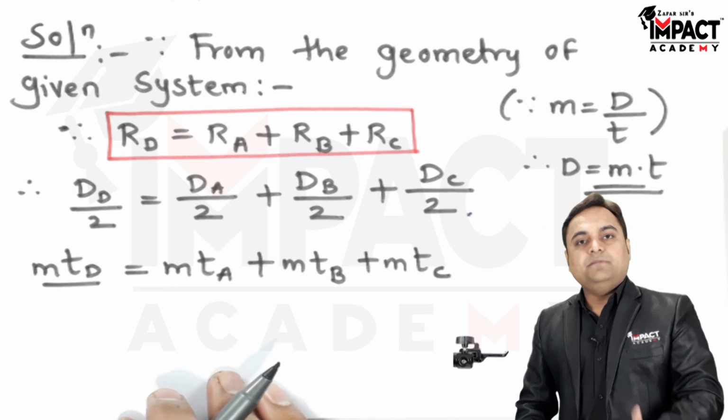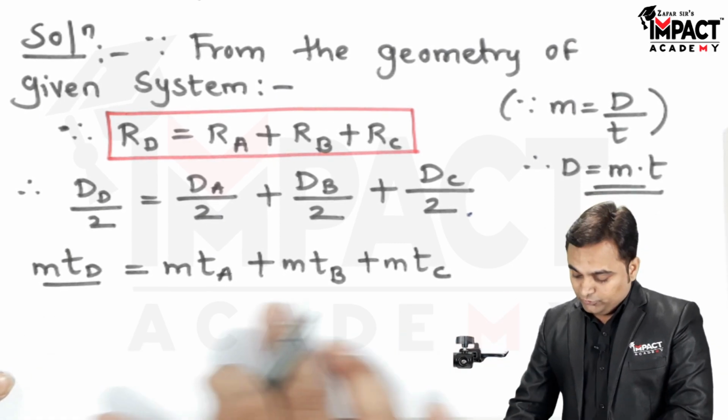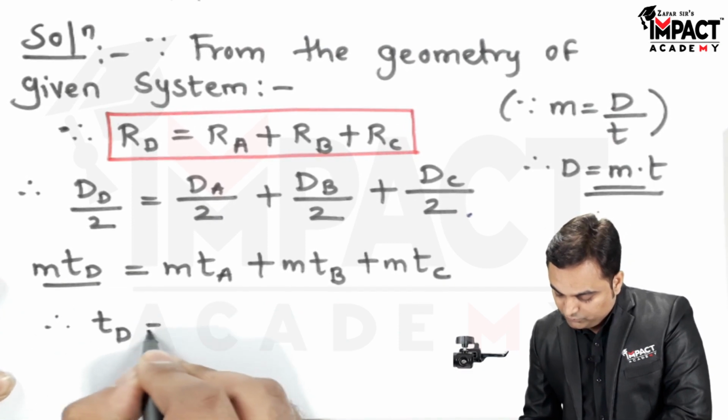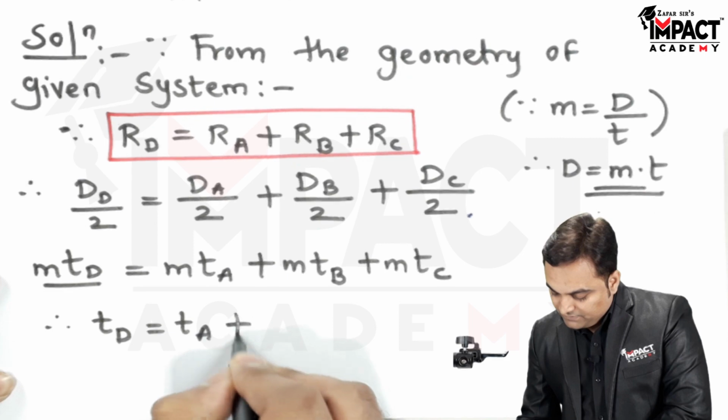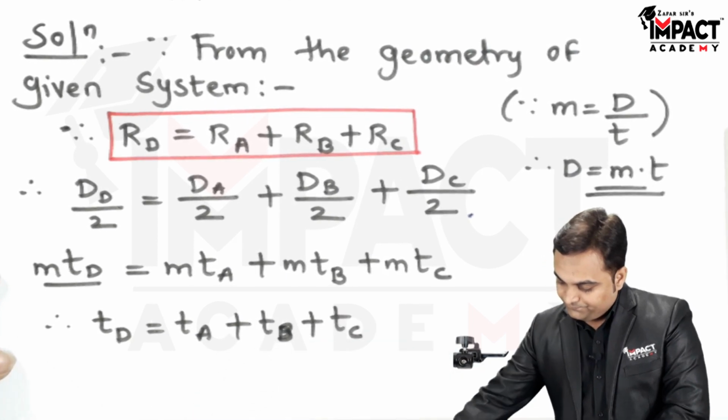For gears to be in mesh, the module should be the same, so module gets cancelled, and what remains here is TD is equal to TA plus TB plus TC.